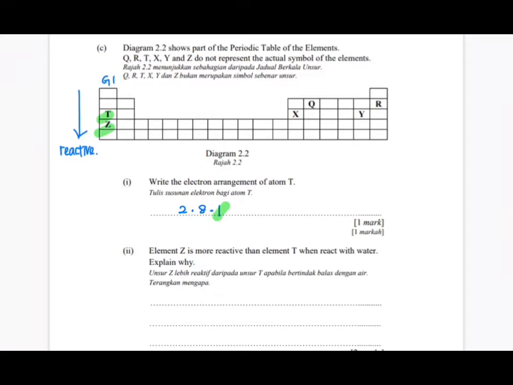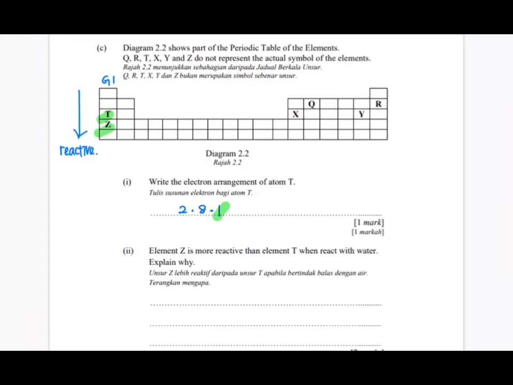When going down the group, the atom size gets bigger and bigger, and the valence electron is far away from the nucleus. The attraction between the nucleus and the valence electron is weaker, so the element will donate its valence electron more easily. So that's why when going down the group, the element becomes more reactive.